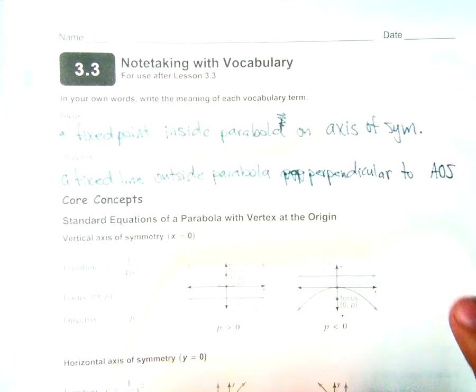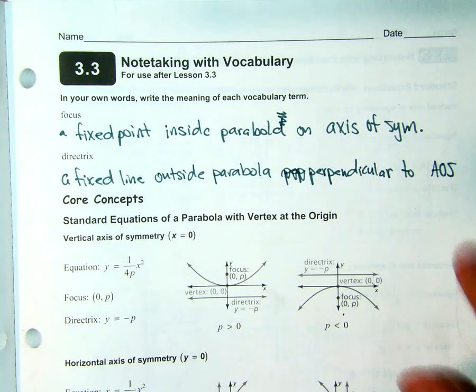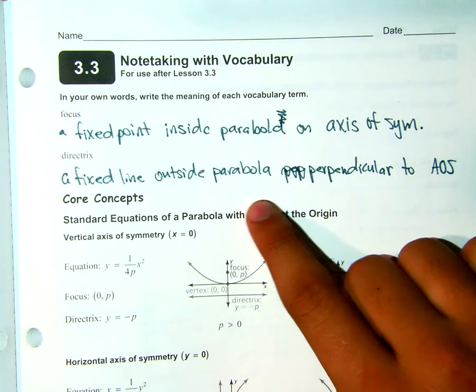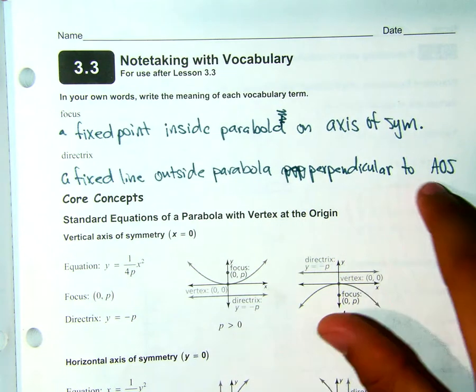Okay, I just abbreviated axis of symmetry here. So it's a fixed line outside the parabola perpendicular to the axis of symmetry.